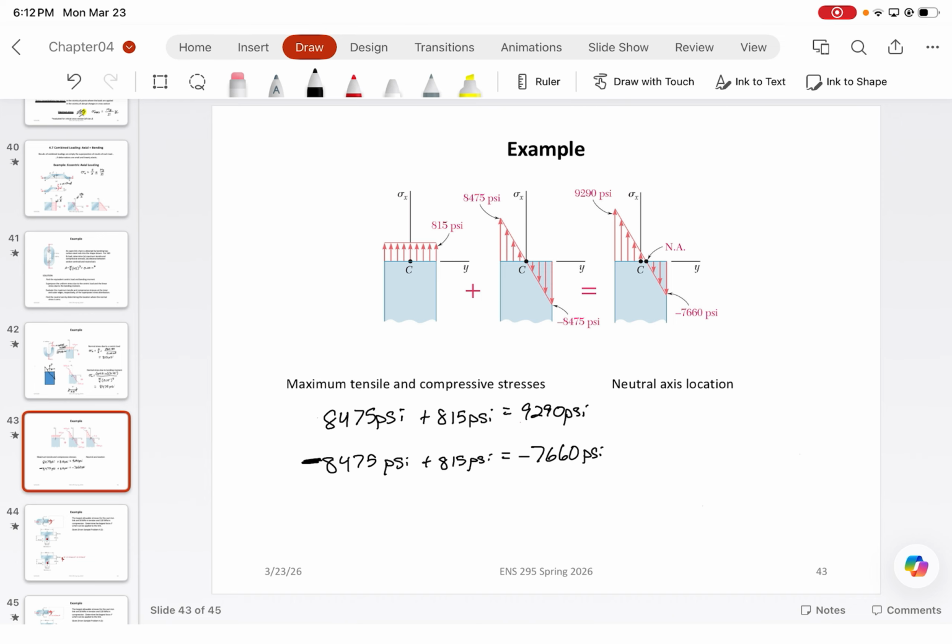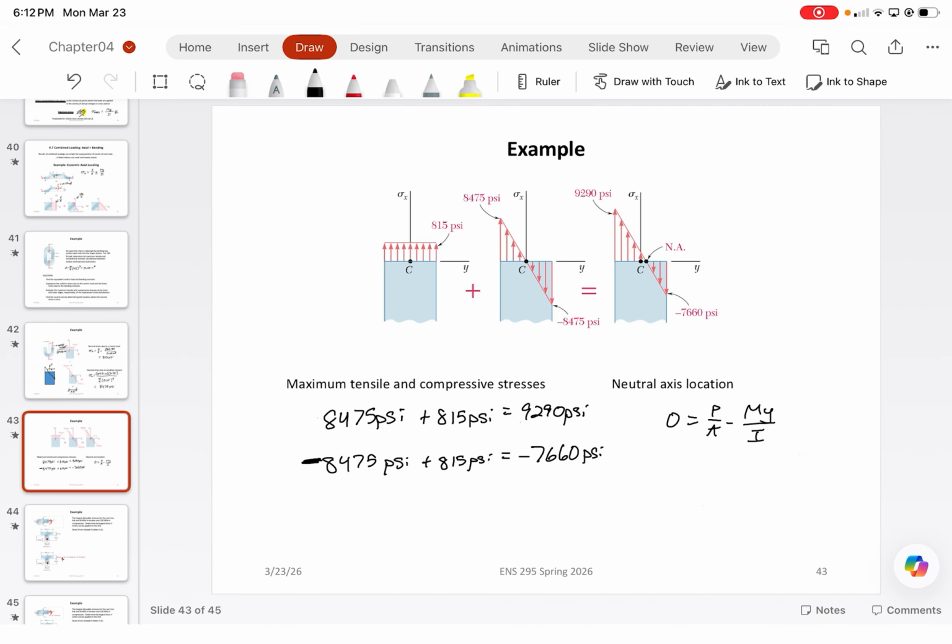Now, if we wanted to find the true neutral axis for this stress distribution, what we need to do is basically just set equal to 0 P over A minus My over I, and then just solve for your y term.